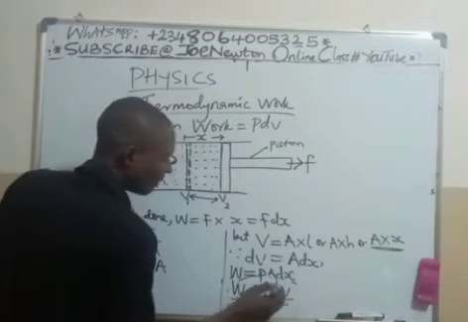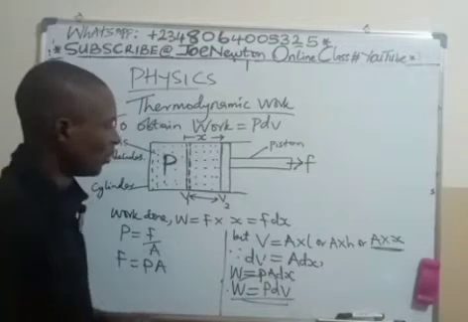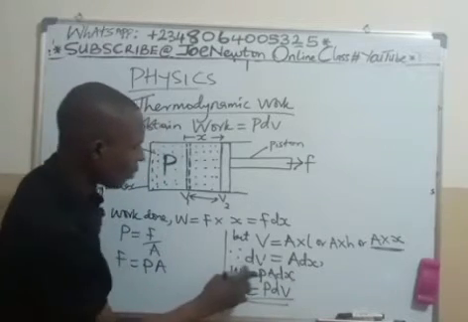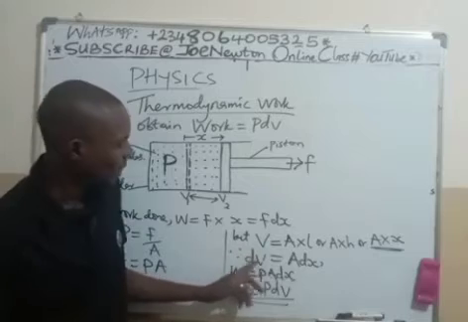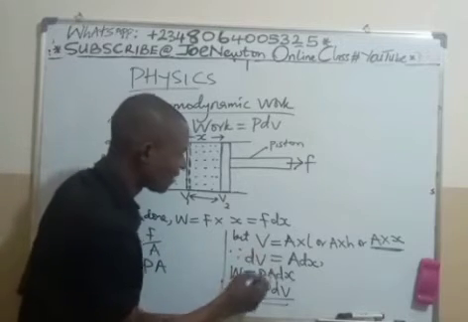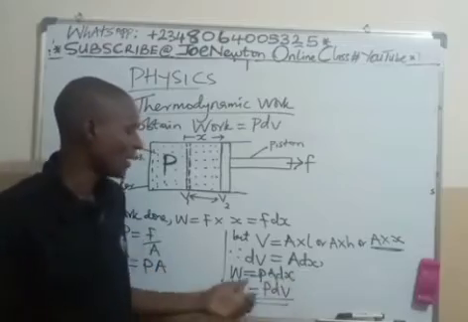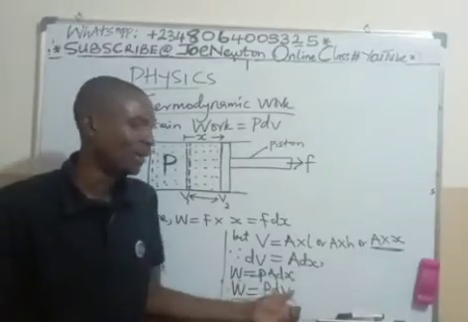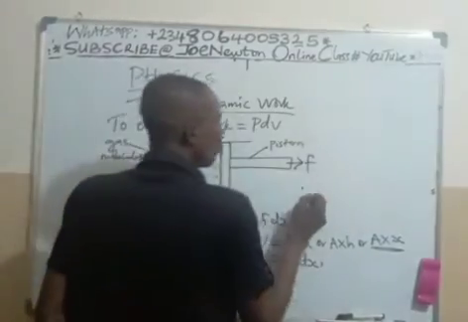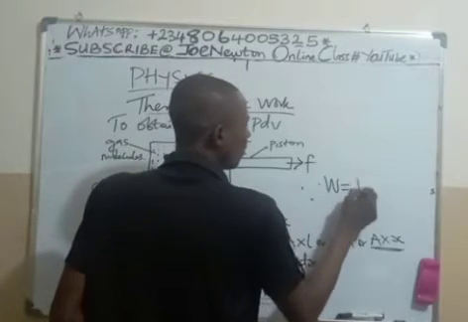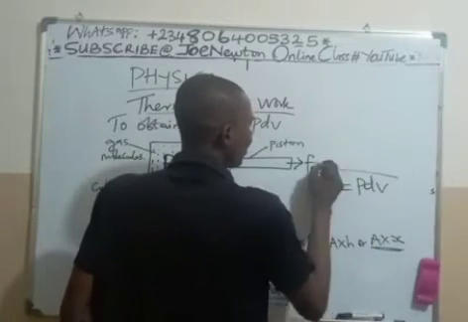So this is what we have. When we substitute dV equal to A dx into work equals PA dx, we now have that work equals P dV. Therefore, we say that our work has been proven to be P dV. That is it.